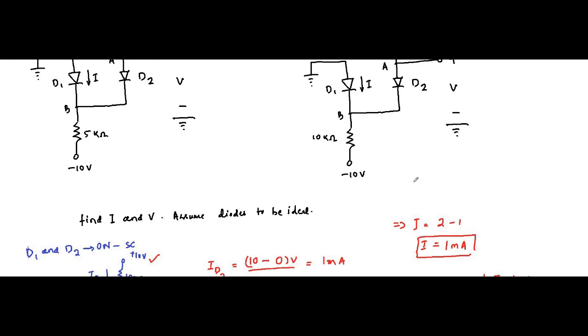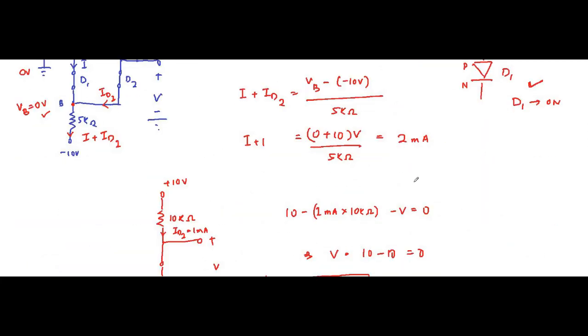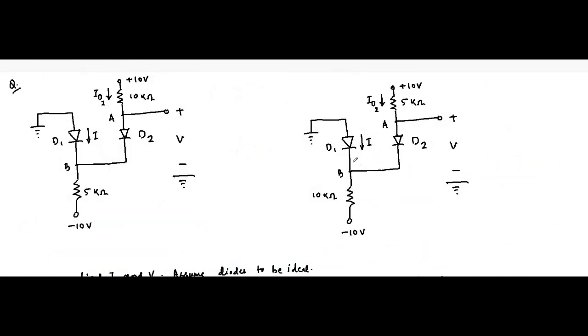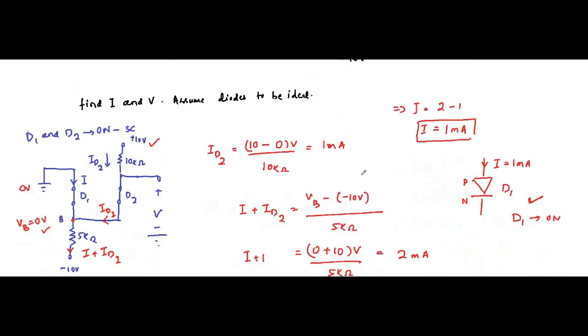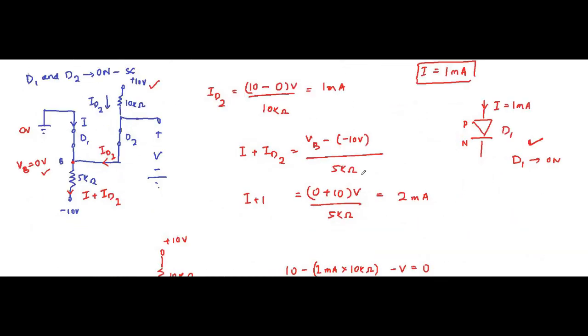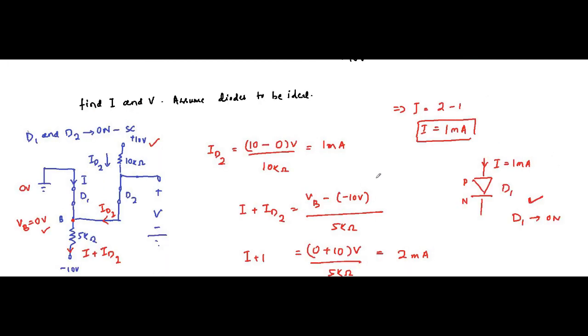But in the second case our assumption turned out to be wrong. Even though it looked like both of them were forward biased, in this case our assumption was wrong, and it can happen. That's why in the case of diodes you always have to go with assumptions. Find out the current flowing through the diode.